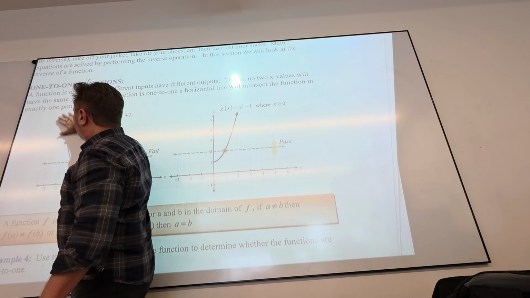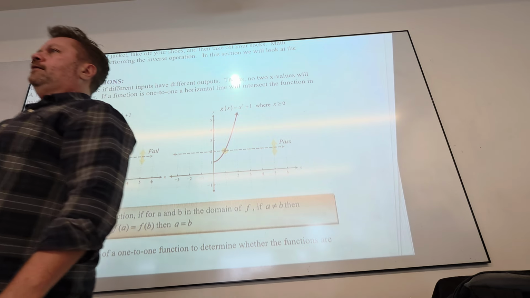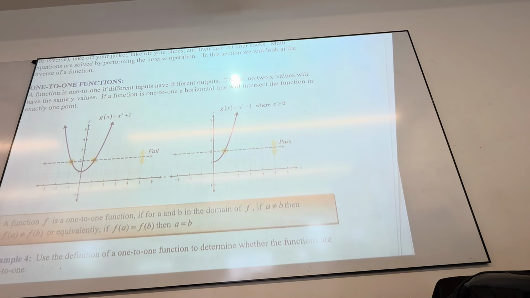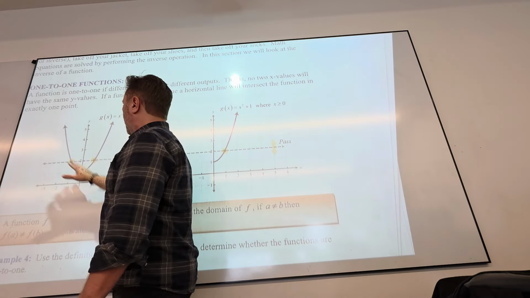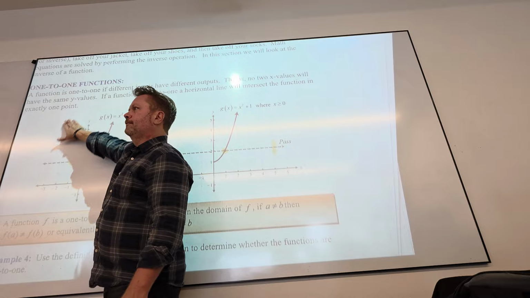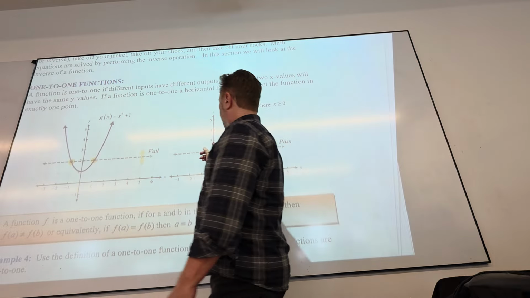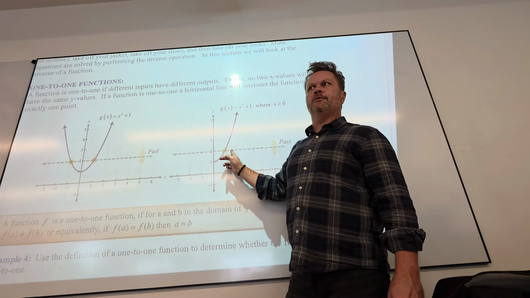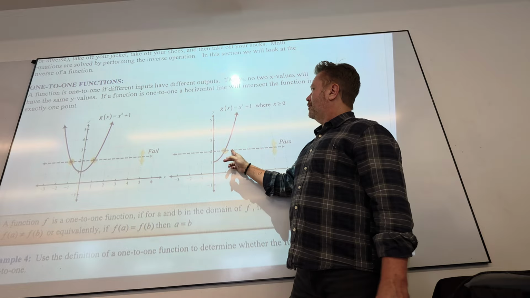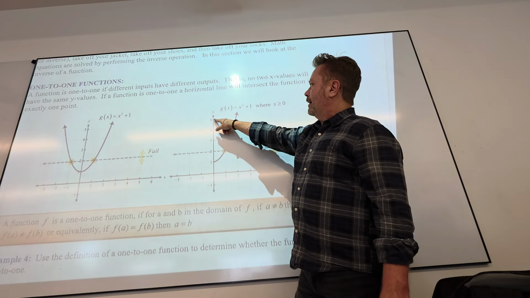If I restrict the domain, so that it can only use inputs 0 and up, I'm gonna erase this half. Is this now an easy murder case to solve? Yes. How do I get 5?